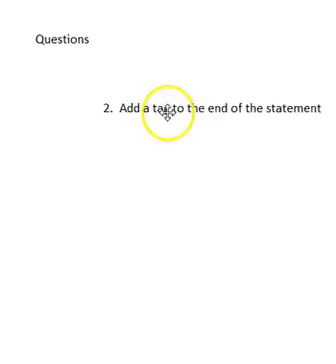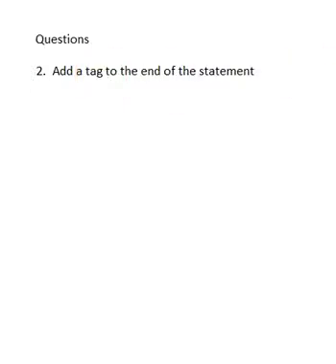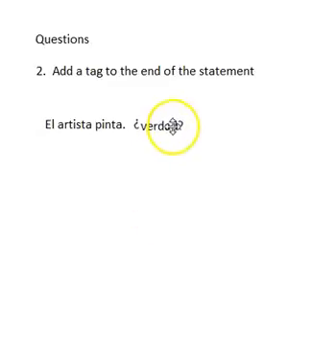The second way you can make a question in Spanish is to add a tag to the end of the statement. For example, if we simply say el artista pinta, the artist paints, and we tag on a little question at the end, ¿verdad? The artist paints, right?